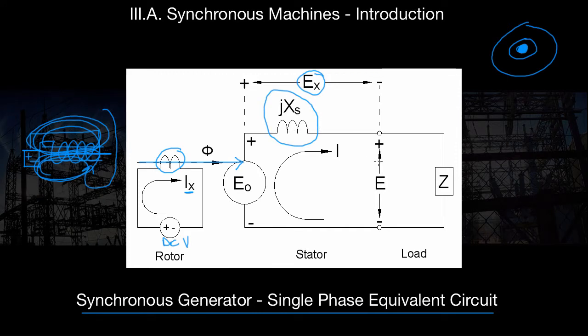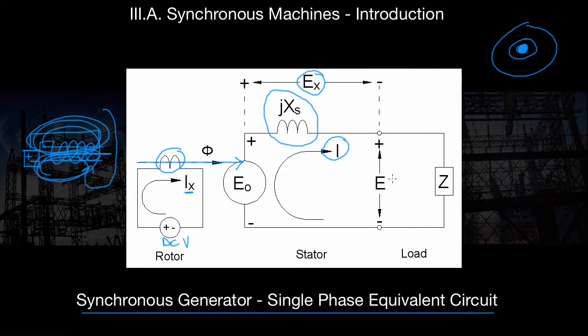After that, we have our stator current, I, right here. And that's the current that's also a product of our induced voltage from our rotor. So this total current in series is the actual power in amps that's going to our load.